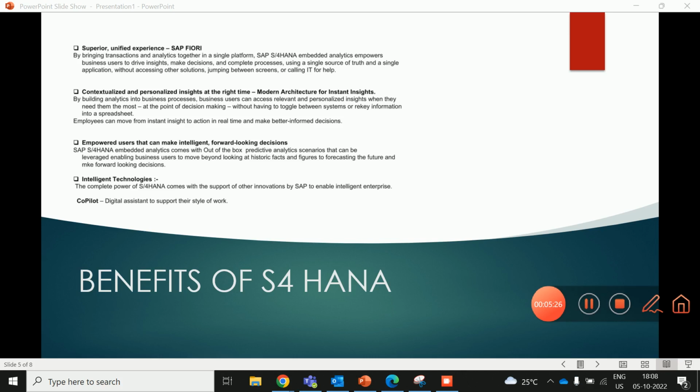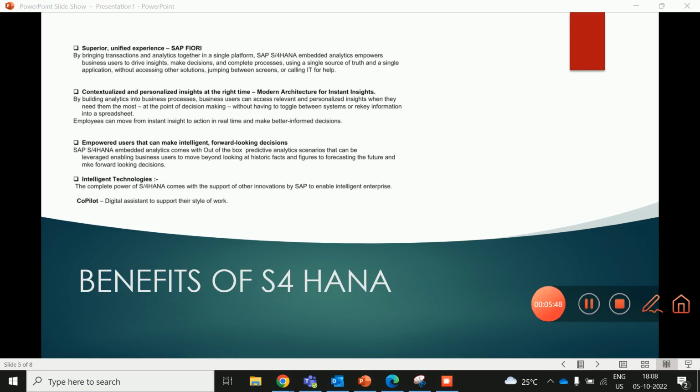So in this slide we are going to learn about the benefits of S4 HANA. As everyone knows, in today's world data volume is increasing day by day, and that volume is very huge. It's not easy to handle and process such a huge amount of data.